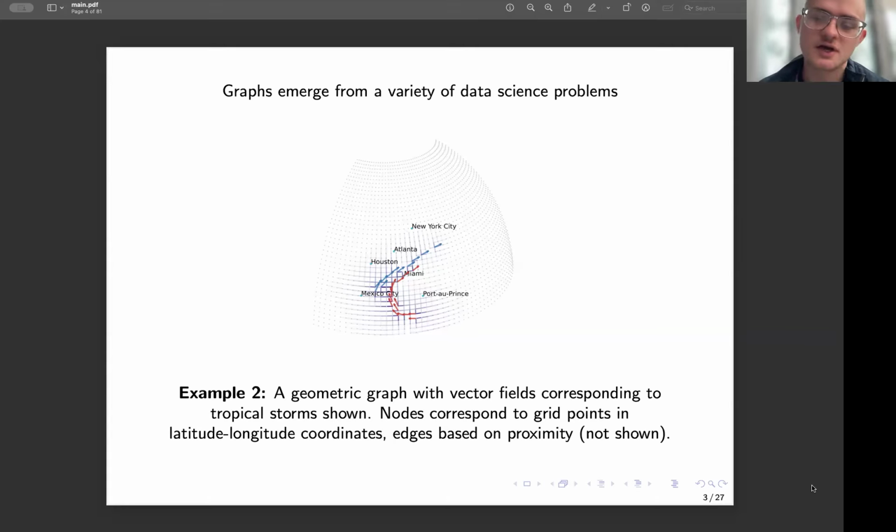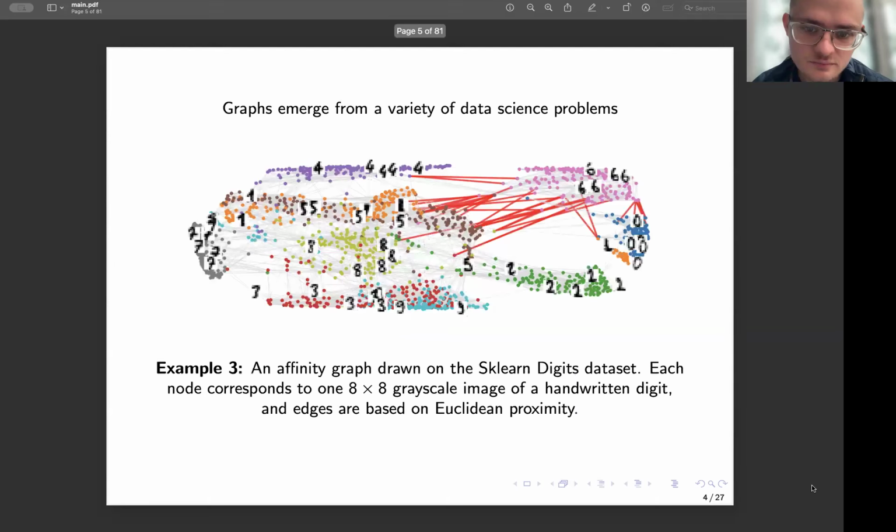This particular graph was used in a weather pattern modeling problem. What you're looking at here are some vector fields that were derived from hurricane trajectories. There's a really awesome hurricane trajectory data set that we used to construct these vector fields in a meteorology problem. Like I said, this is another example of how a graph might emerge or be used, maybe even artificially, in a data science problem.